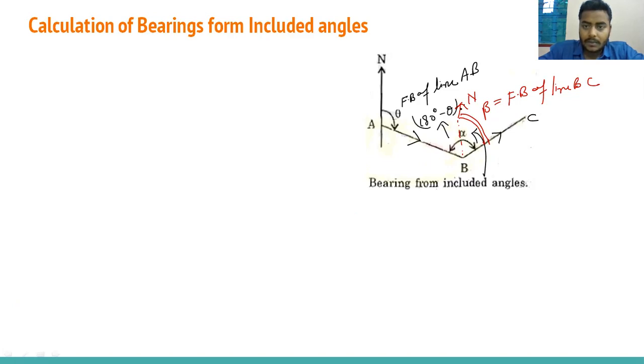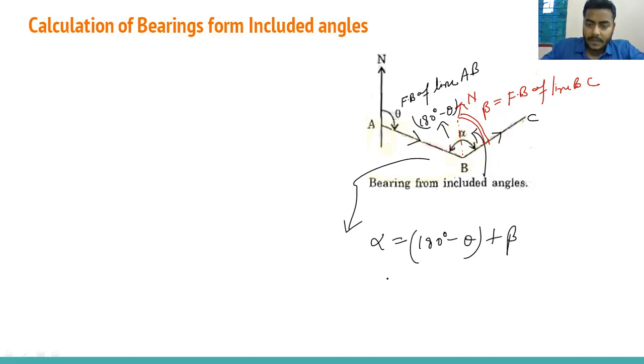Because this is north, these two are parallel lines, so the angle between these parallel lines is 180 degrees. One is theta, the second is 180 degrees, and the total is 180 degrees minus theta. So the total is alpha. From this picture, at station B, alpha will be equal to 180 degrees minus theta plus beta.